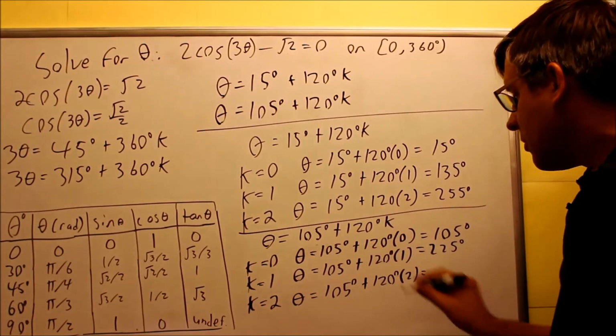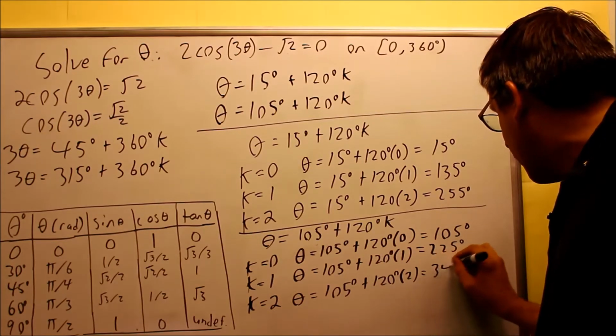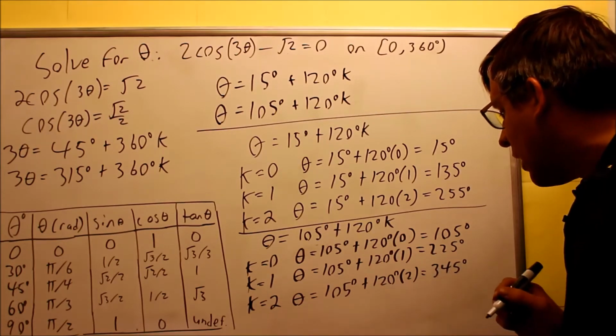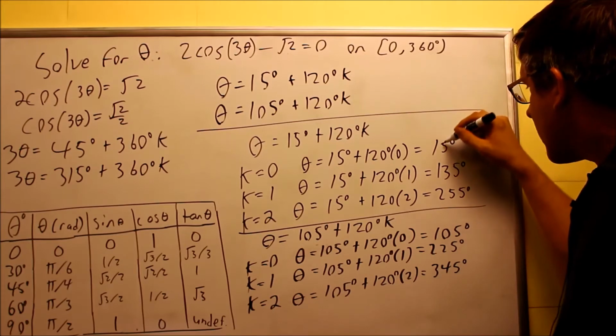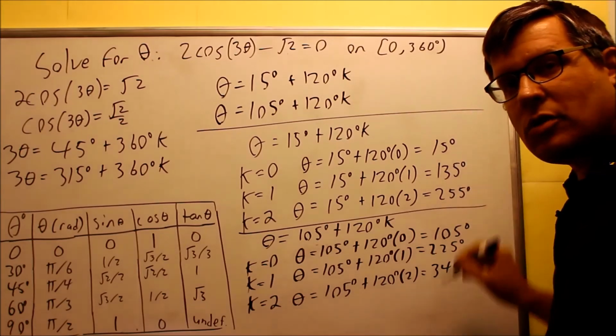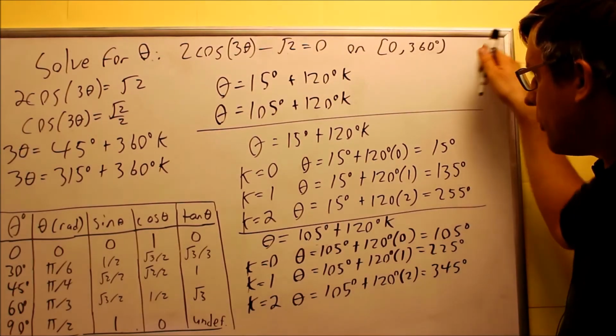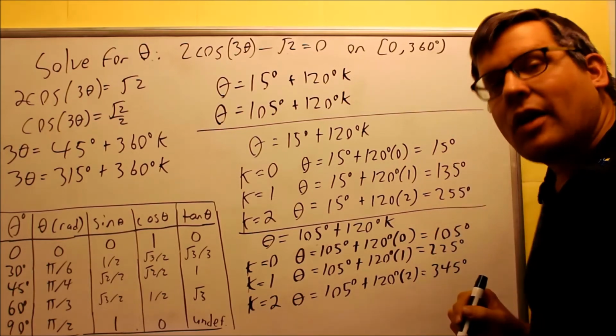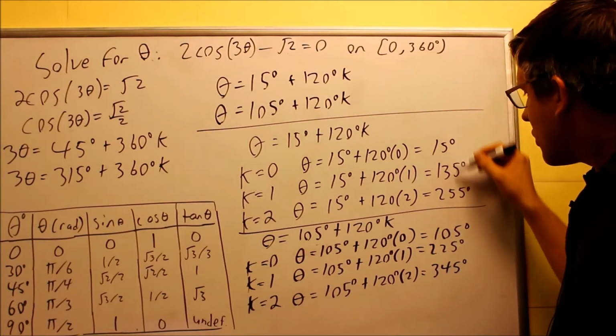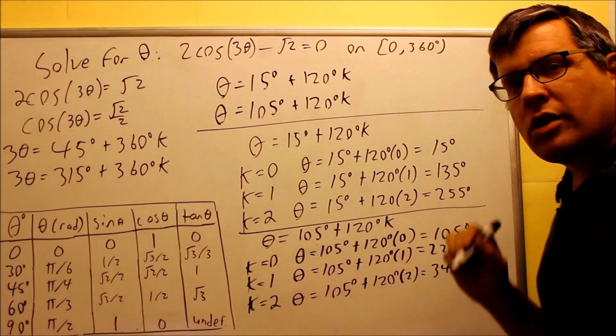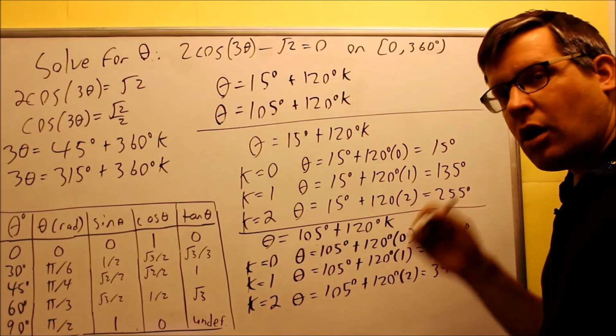That's 240 plus 105, 345 we get for that one. So all 6 of these that I have here on the end, these are going to be all my solutions. So this particular problem, I actually have 6 different solutions. So these 3 here and these 3, so when you write your answer out, you have to make sure you include all 6 of those.